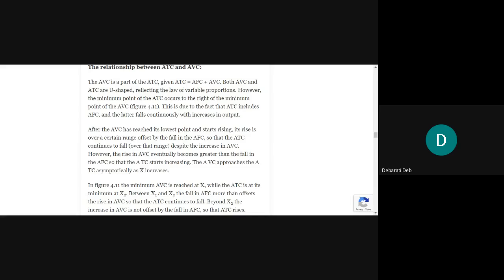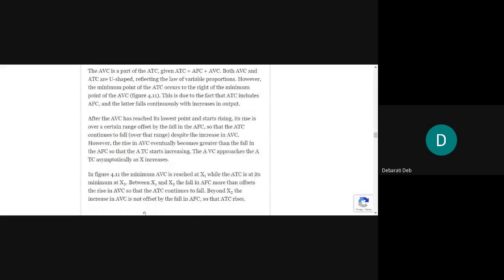Why? It is said to start to rise, that means from the point x1, after that it will start to rise. Its rise is over a certain range offset by the fall in the AFC.